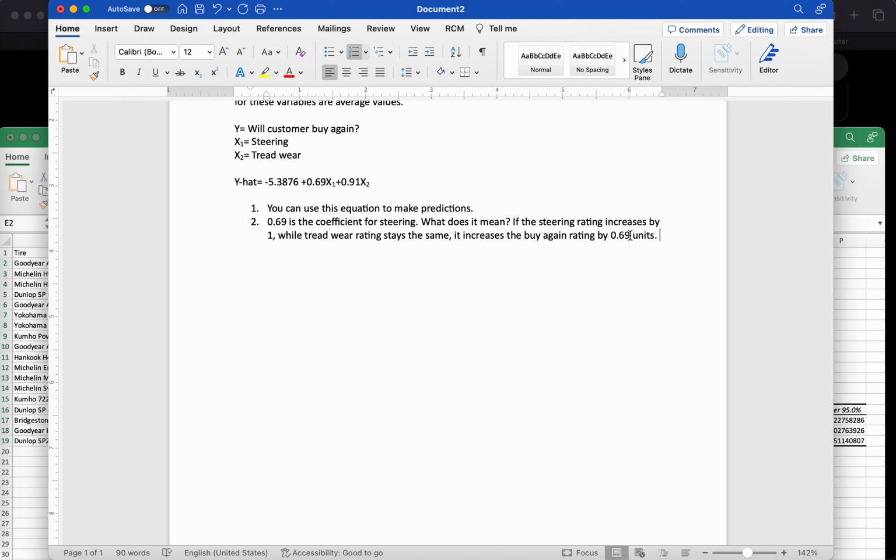Similarly, the coefficient for tread wear is 0.91.